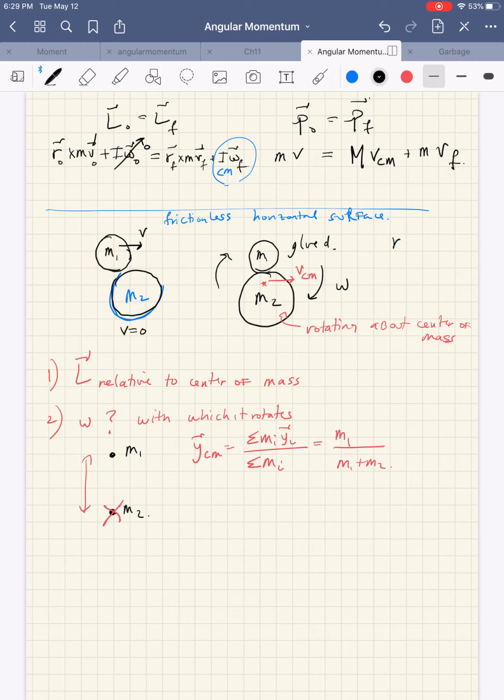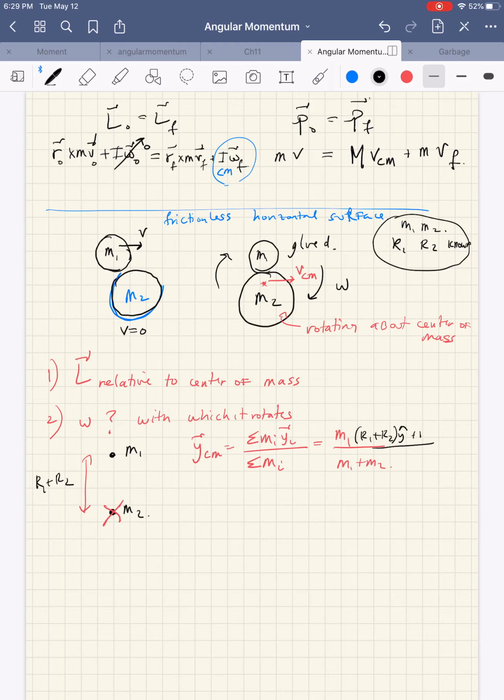So R1 and R2 are known, and so are M1 and M2. So this distance is just R1 plus R2, and so M1 is at R1 plus R2 in the y hat.